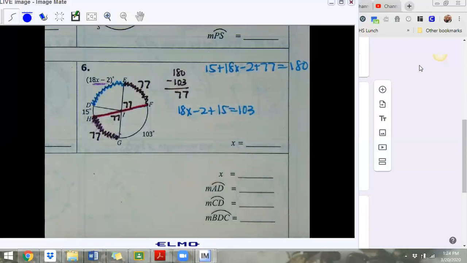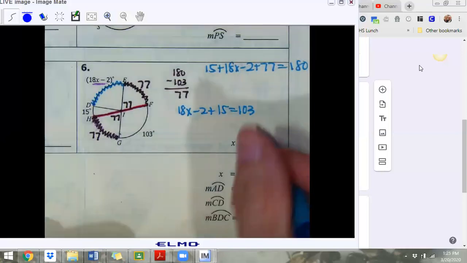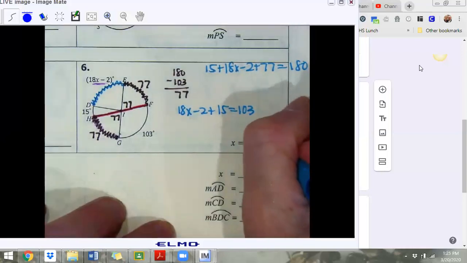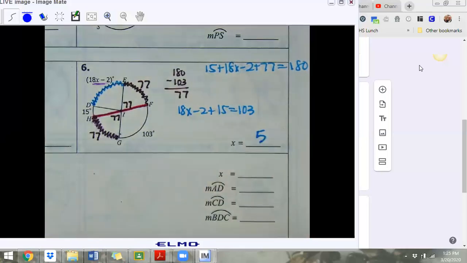Are we rounding? Nope. Well, if you have to, but I'm looking at all of these and they come out to be nice, neat answers. Okay, I think I got a solid number. What'd you get? 5. 5 is correct. So did someone get a decimal?